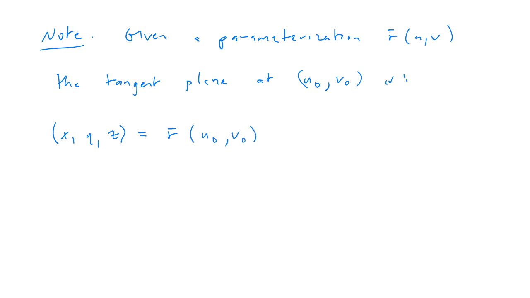And it should look familiar from the tangent line that we did way back in chapter 1, which is x, y, z, the point in general, will be equal to the point at the given value u0, v0, plus a variable, which I'll talk about in a second, times the derivative with respect to u at that point, and plus a second variable times the other partial derivative.